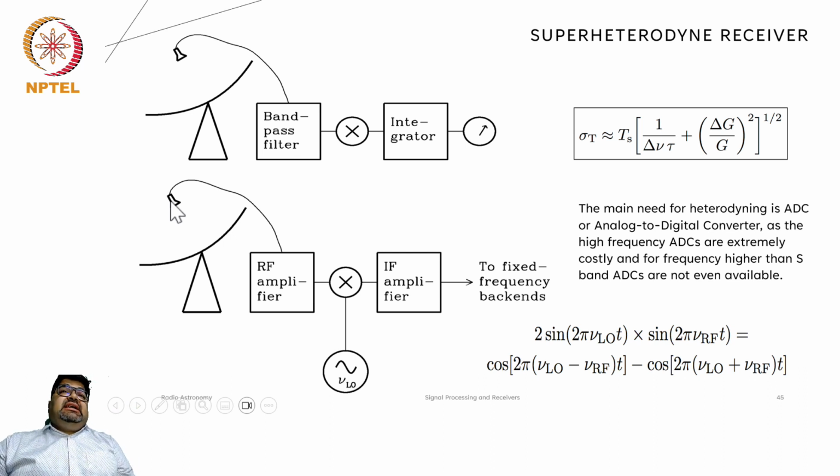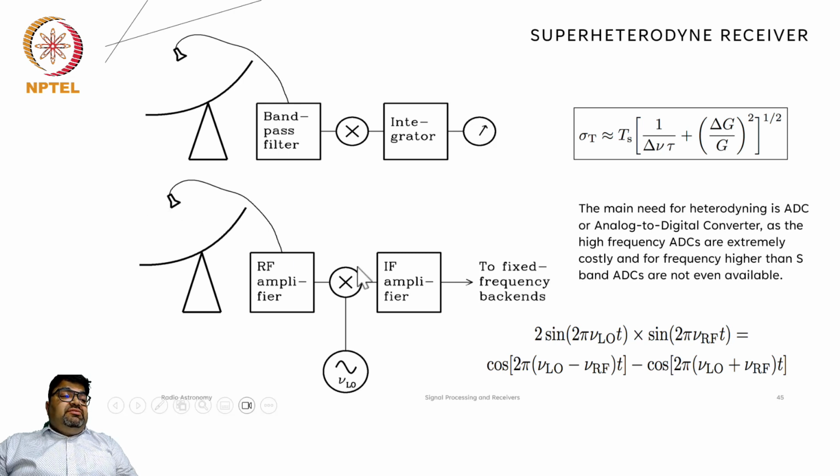It has various advantages. As we know, we cannot build a single system which covers a wide band because our scientific interests are varied. We do not want to restrict ourselves to a particular wavelength. So we need to build separate receivers at this stage of the antenna to observe separate things.